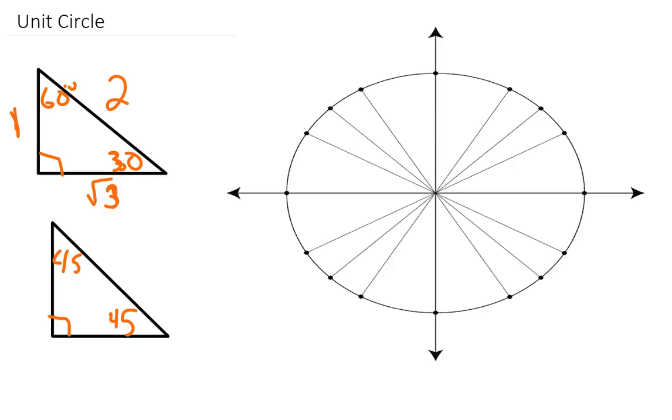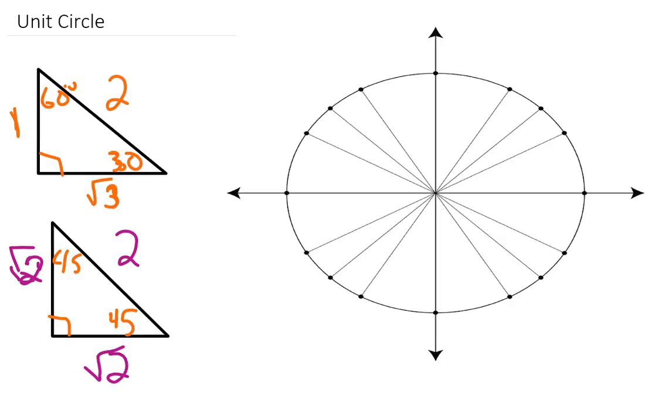And on the 45, 45, 90, we would have 2 for our hypotenuse, and a root 2 for our sides here.